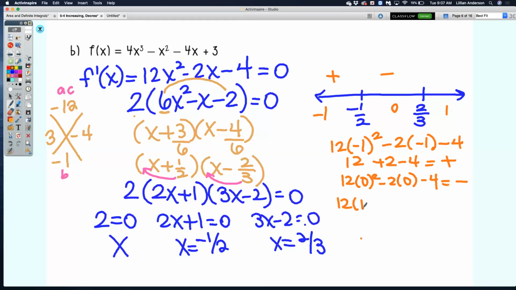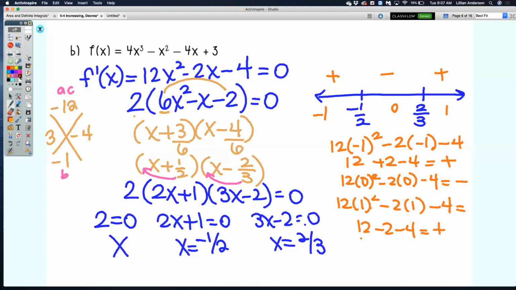Then when you plugged in a positive 1, you should have gotten still a positive number. So it should have been positive, negative, positive. Be careful how you guys are plugging this into your calculator because it's the derivative. Make sure you plug it into the derivative.